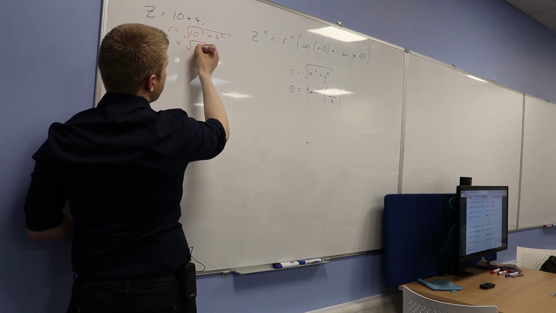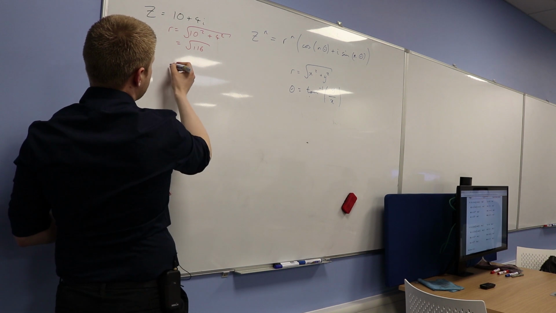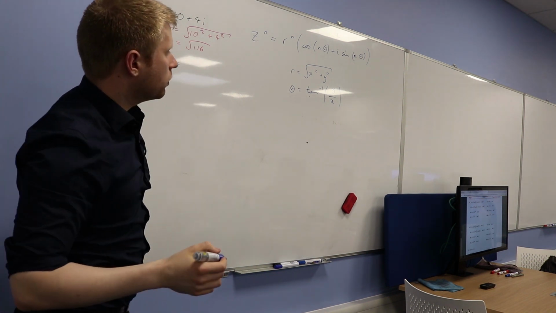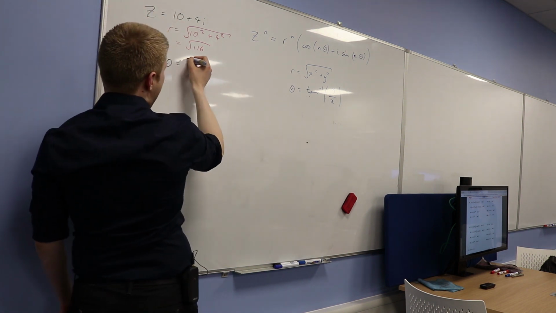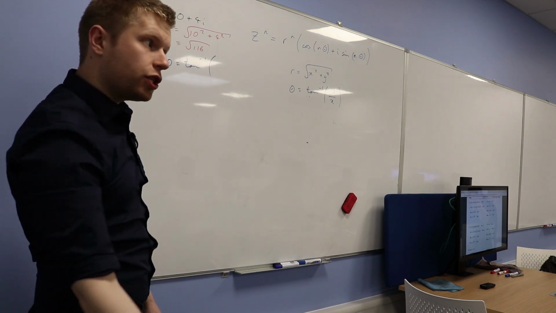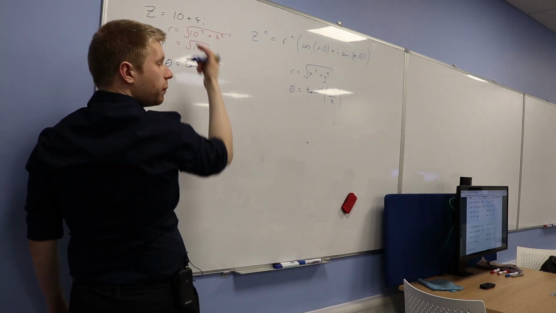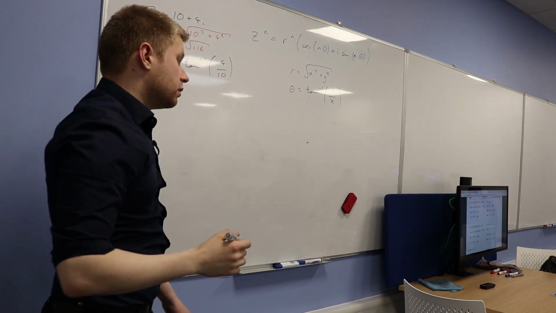So it's the square root of 116. What about theta? It's just the tan inverse of my imaginary divided by my real, so 4 divided by 10. What would this thing be in radians?